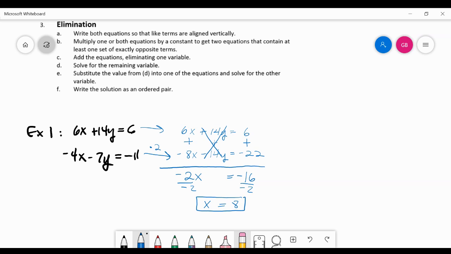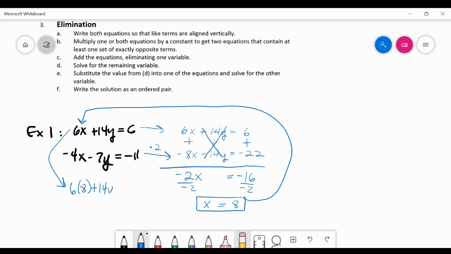And now that I know what x is equal to, I'm going to take that value and substitute it into one of the equations, and so I could solve for y. I'm going to plug it into the first equation because it looks like it's easier to solve. Okay, so we have 6 times 8 plus 14y is equal to 6.